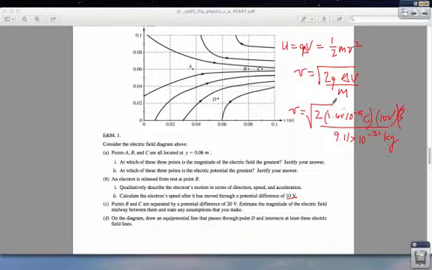All that's available on your handy equation tables and data tables. And when we solve that, we get a velocity of 1.9 times 10 to the 6th meters per second.